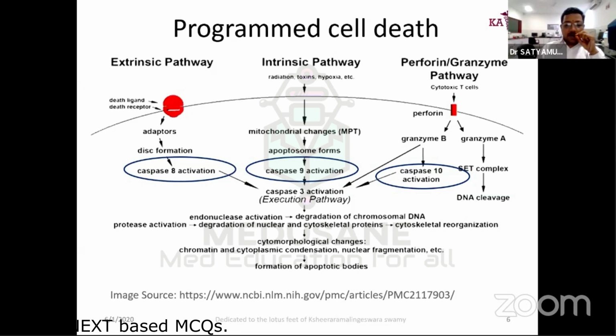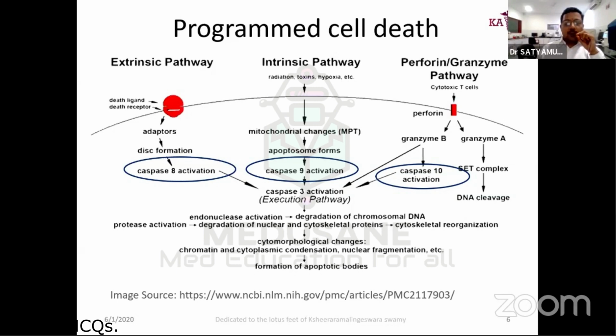What happens is the cell goes through a progressive and programmed sequence of events like endonuclease activation, chromosomal degradation, protease activation, and degradation of nuclear and cytoskeletal proteins and cytoskeletal reorganization. Finally, what happens? The cell forms small blebs and shrinks in size, forms apoptotic bodies, and finally the cell is killed off.